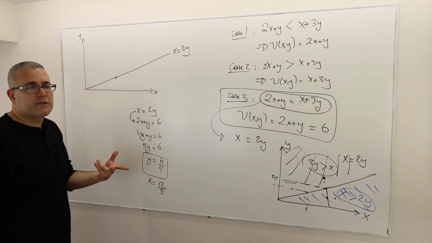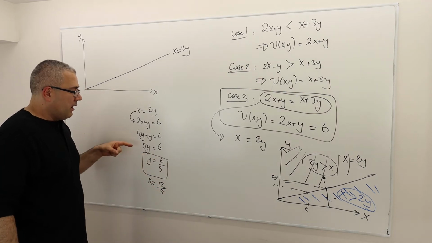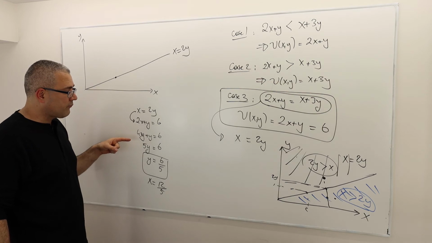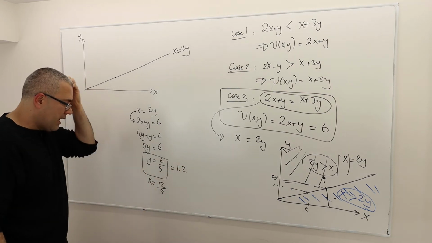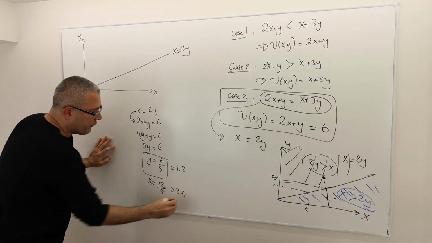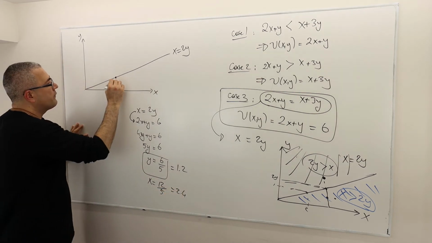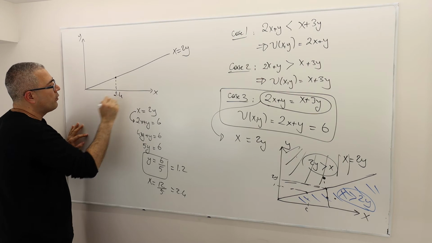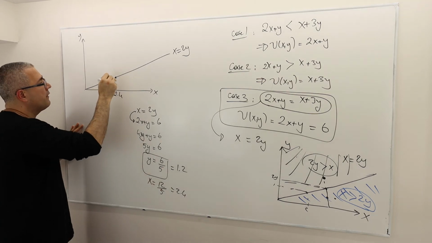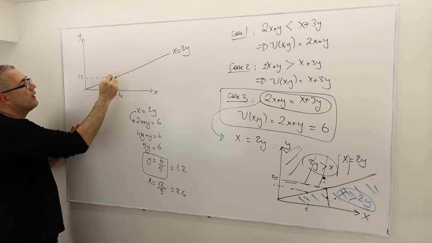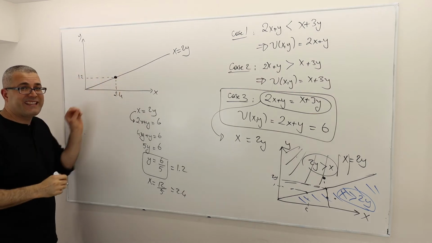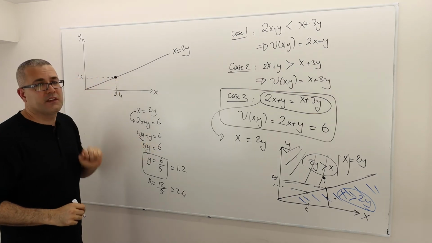So 6 over 5 is like 1.2, not exactly 1.2. And so x is equal to 2.4 then. So this point is 12 over 5, and this point is 1.2. So exactly this point gives me utility 6.